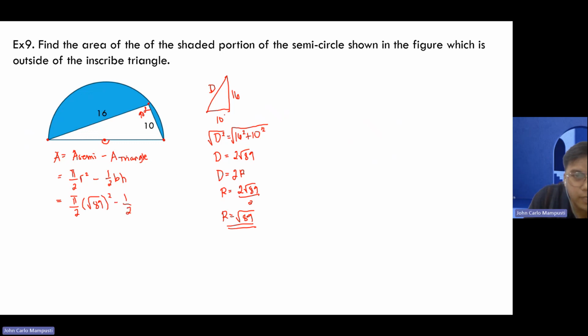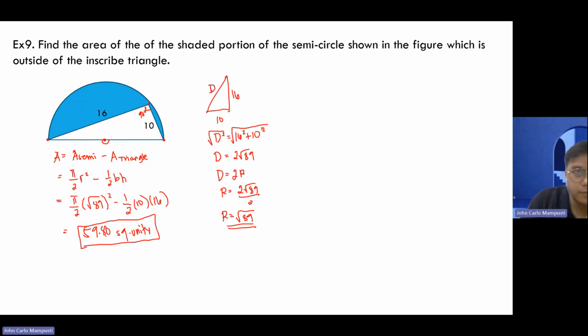Dito, ang base natin is 10. Height natin is 16. So, input natin sa calculator natin. So, this is equal to 59.80 square units. Ito yung answer natin.